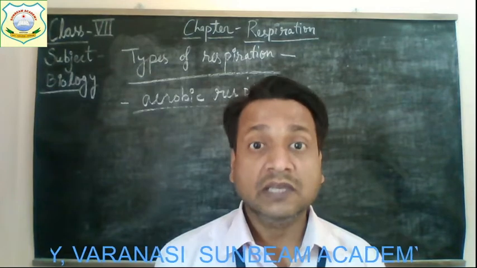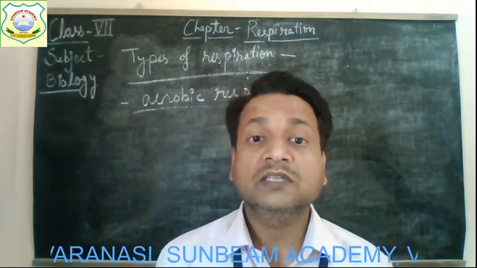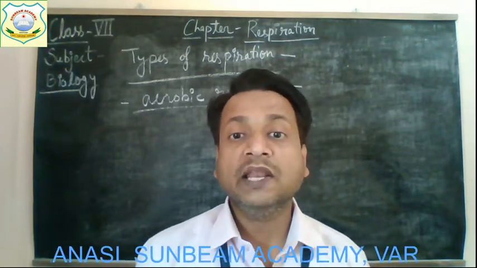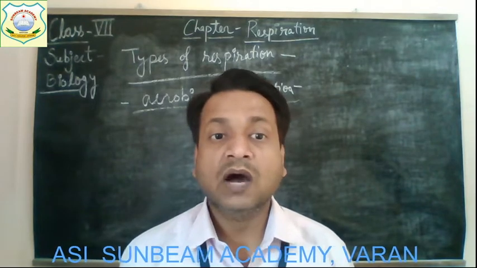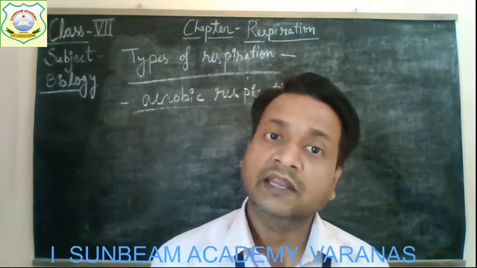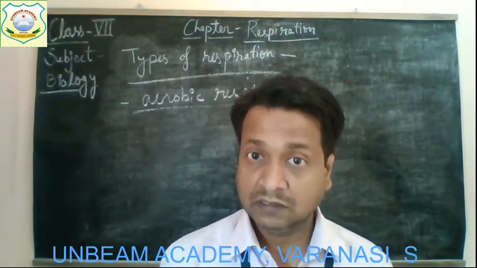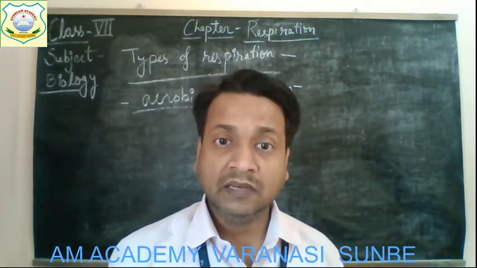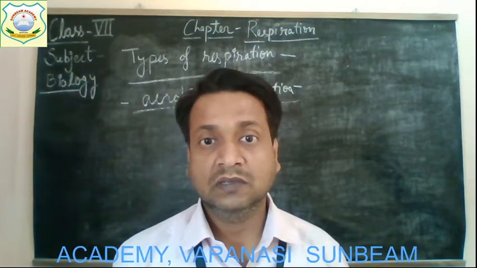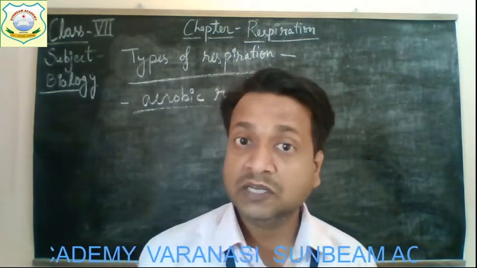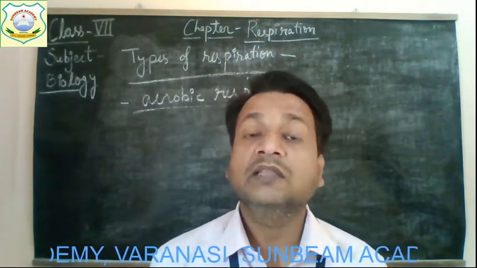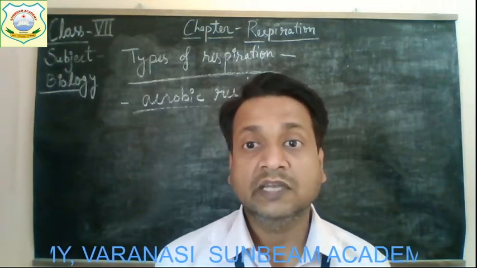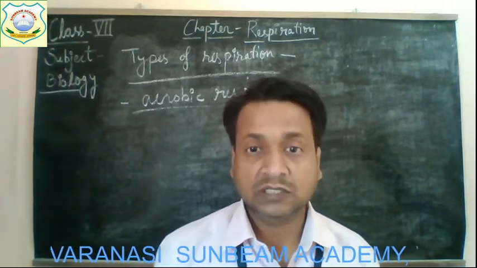And in their cells, glucose is broken into alcohol and carbon dioxide without using oxygen and gives energy. Get it? So they are somewhat different from other organisms, because here this respiration is not going to occur in the presence of oxygen. It's going to occur without oxygen.